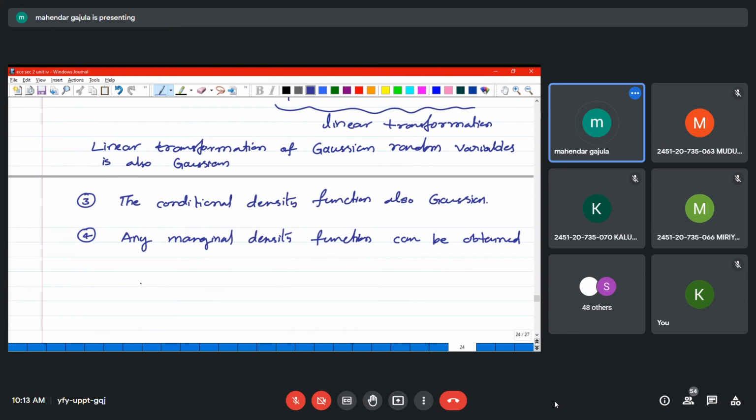So any marginal density function can be obtained from... how many random variables are here? N number of random variables. So we are going to get an n dimensional density function.